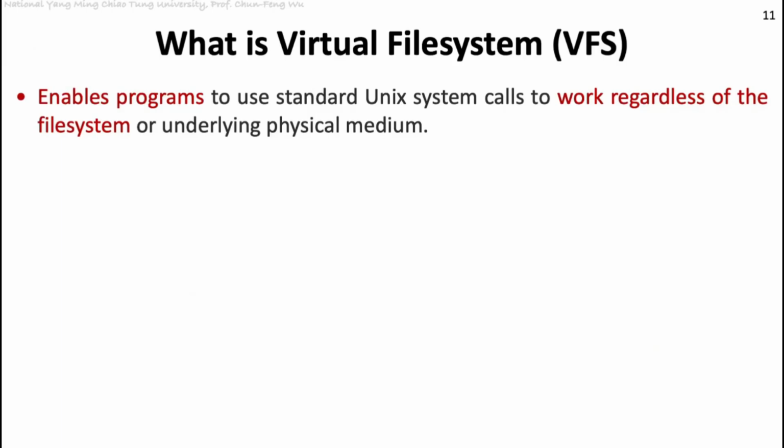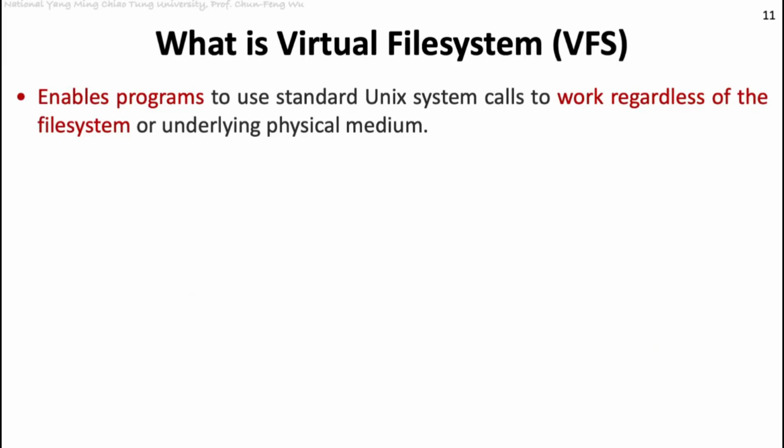For example, the number of parameters for the read function may be different for different file systems. For ext4, maybe you need 4 parameters for the read, but for exFAT, maybe you only need 3 parameters. So you need to rewrite your code to follow each different file system. But now the virtual file system helps you deal with this.